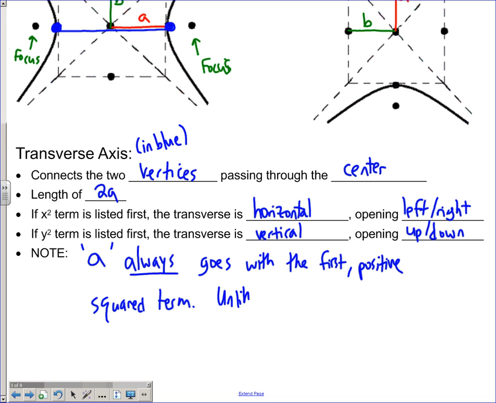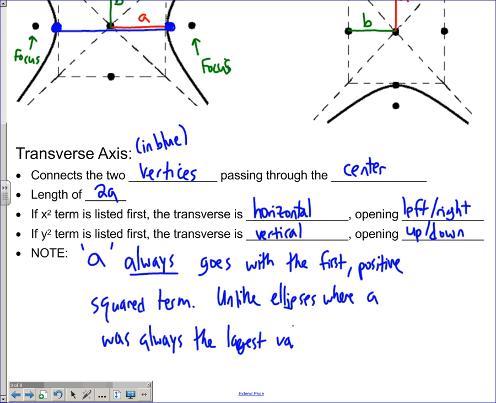So unlike ellipses where we know that a was always the larger value, where a was always the largest value. So a always goes with the transverse axis, with the direction of our hyperbola, even if b happens to be bigger.